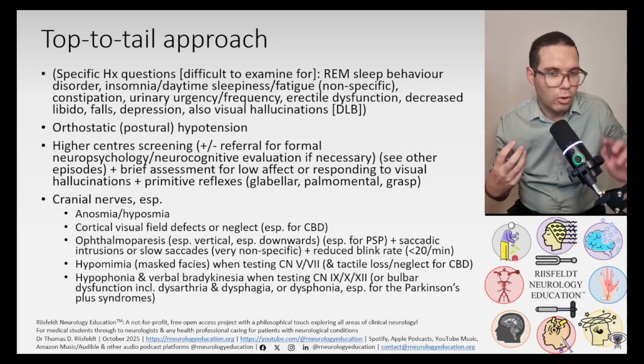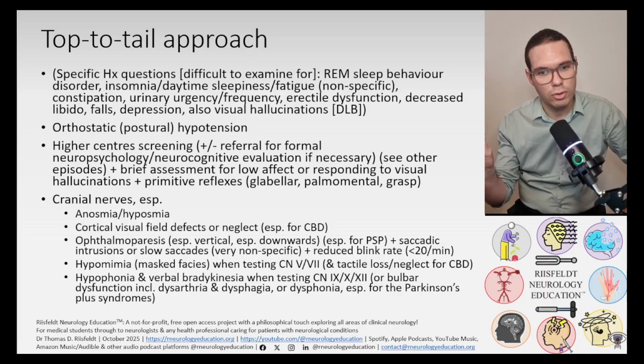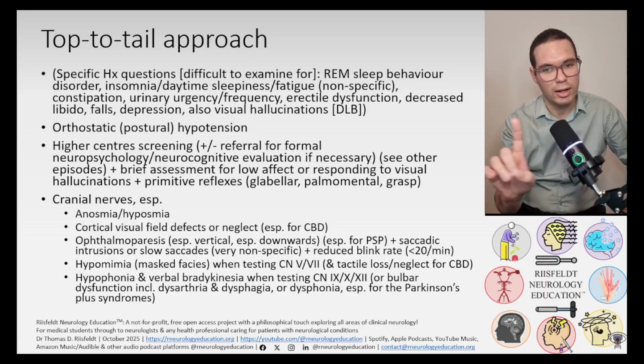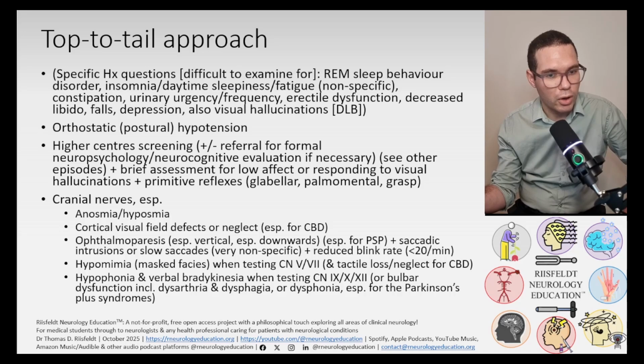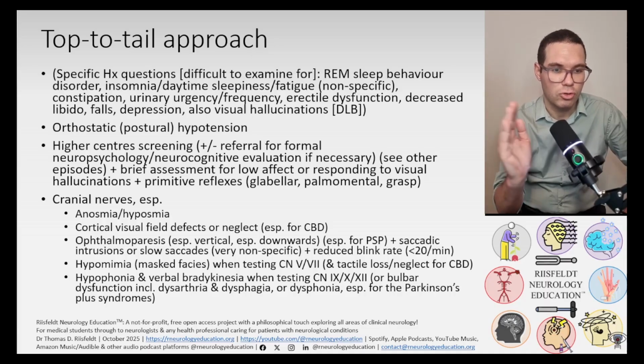Other things that you can look for when you're examining eye movements is saccadic intrusions. So that's when you're doing your cranial nerve examination and you're testing slow, smooth eye movements. Perhaps that's horizontal or vertical, doesn't matter too much. And instead of being a nice smooth movement, it appears jerky. So there are these saccadic intrusions into what should be a smooth pursuit.